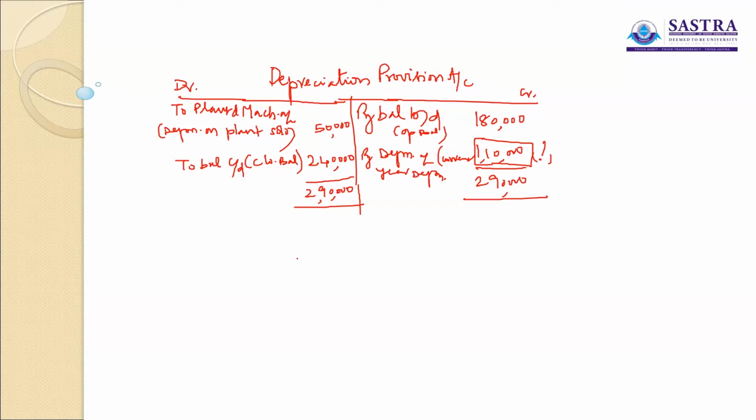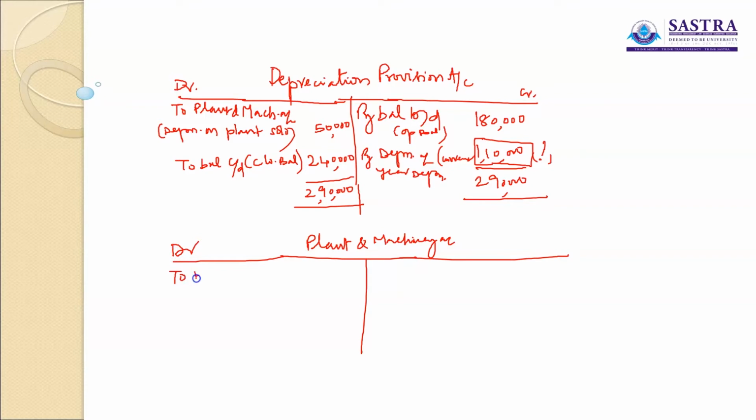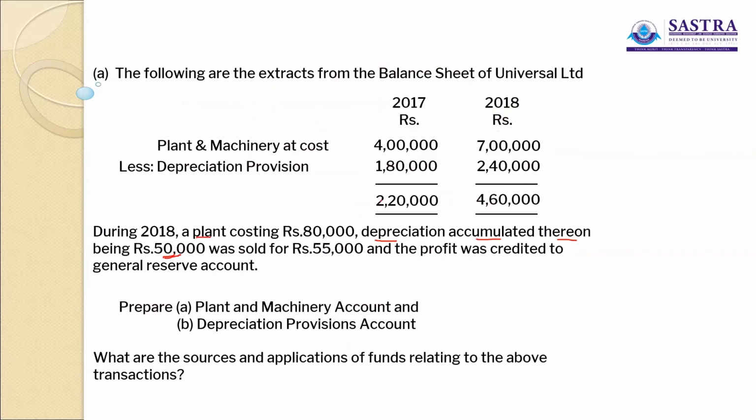Now we can prepare plant and machinery. Being an asset item, opening balance will come on the debit side. To balance brought down. So the value of the asset is given at cost. It's an important point.